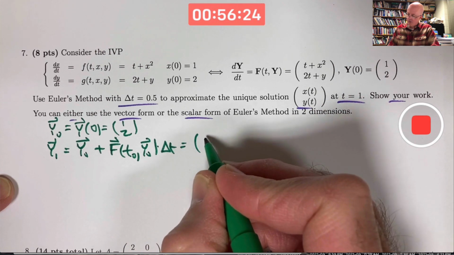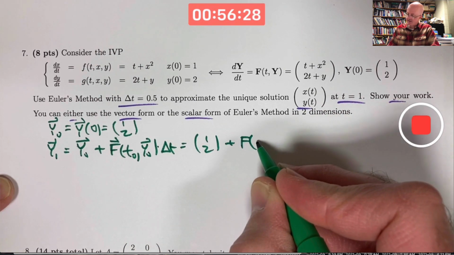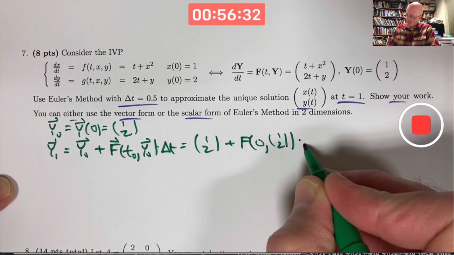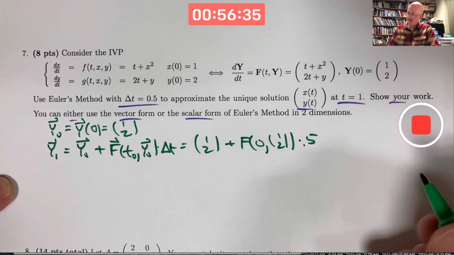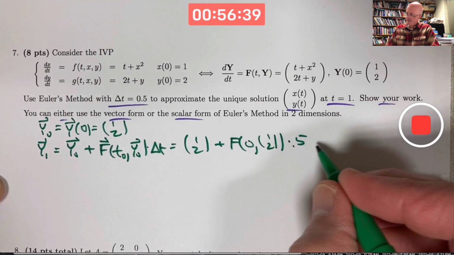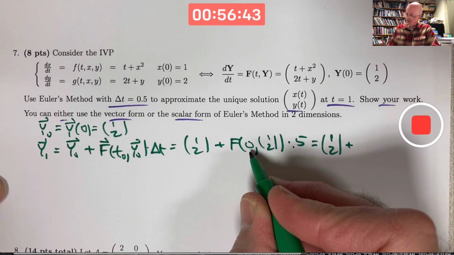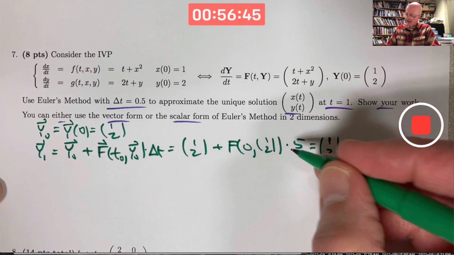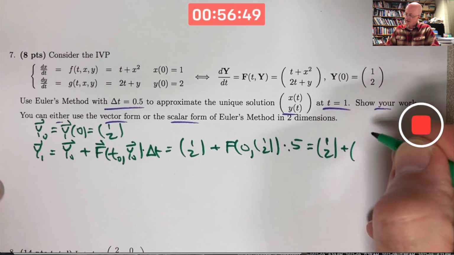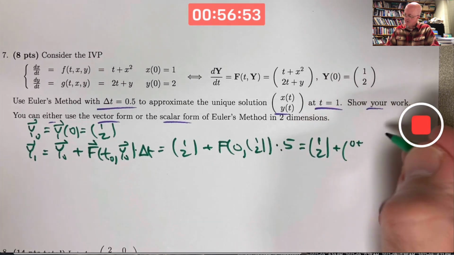So that's going to be 1, 2 plus f of, careful, 0 comma 1, 2 times 0.5. That's the initial time. There's your initial vector. I need to plug t equals 0 into the vector field, as well as x equals 1 and y equals 2. There's the vector field. Plug in t equals 0, 0 plus, plug in x equals 1, 1 squared.